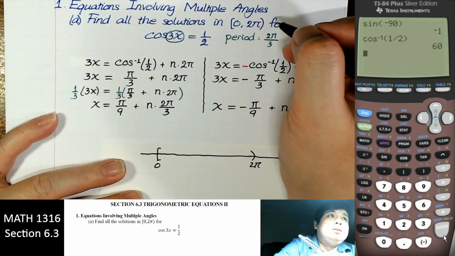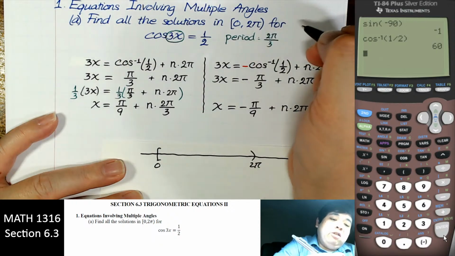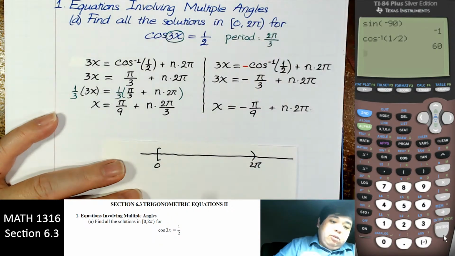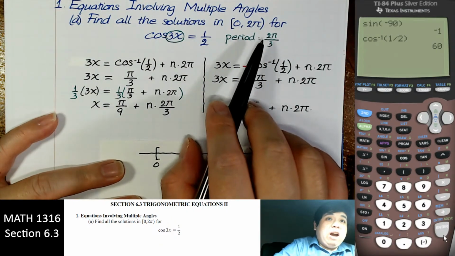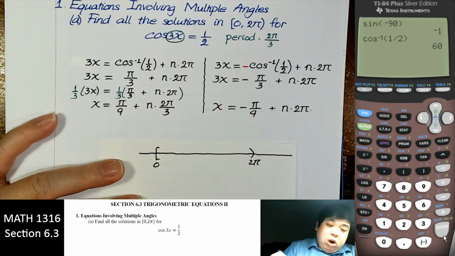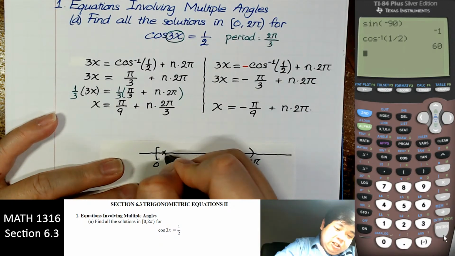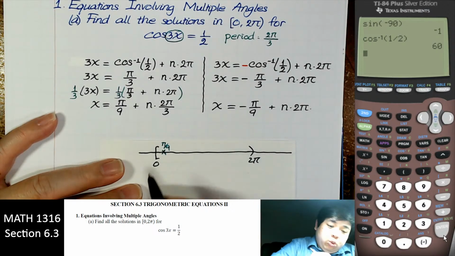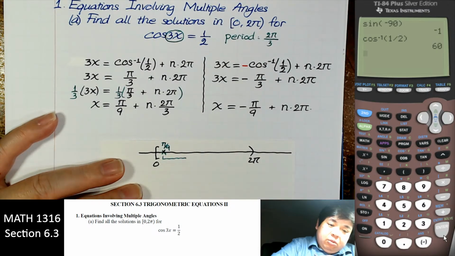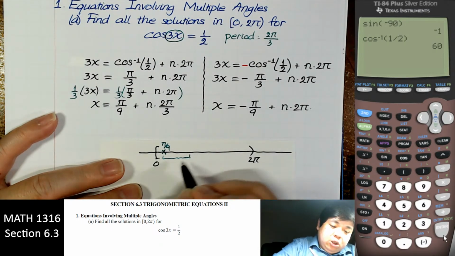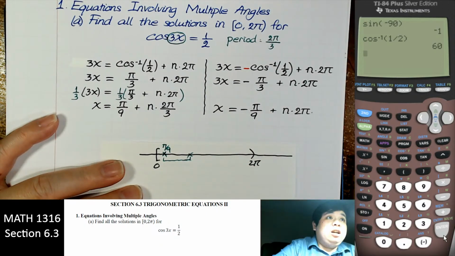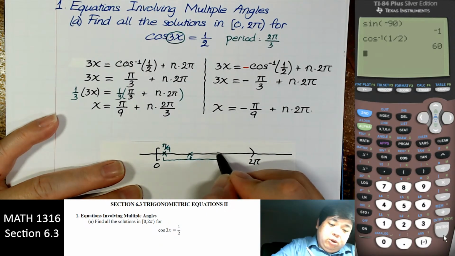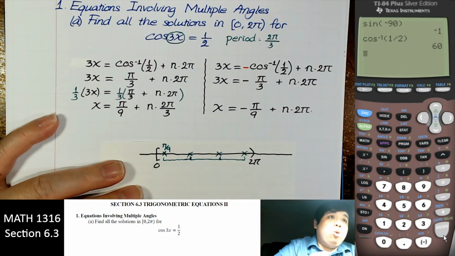Meaning the solutions will repeat every 2 pi over 3. So the first one we have is pi over 9. The next one, we add 2 pi over 3 to it, so we might have another one here. Then add 2 pi over 3, we might have another one here, and then another point there.